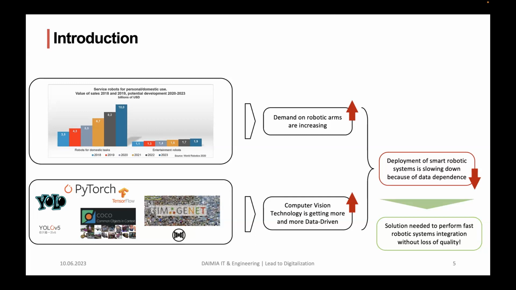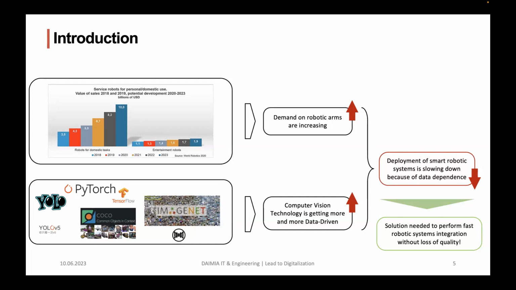But the more complex our models are, the more data we need. So there is something that stops us from using smart robots in the industry, but on the other hand, we want to have more robots so that we have better automation, and that's where synthetic data comes into the game.